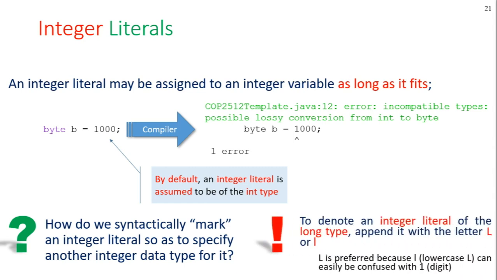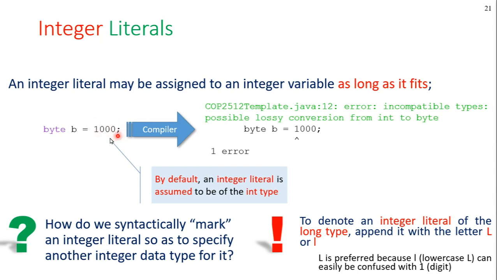Well, there are tricks. So again, this is syntax, syntactical knowledge about Java. In Java, if you put the letter L, whether it is uppercase or lowercase, at the end of an integer literal, then what you just said is, I want to change the data type of that integer literal.